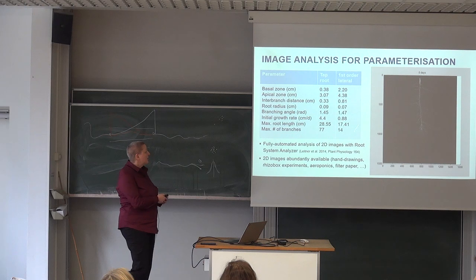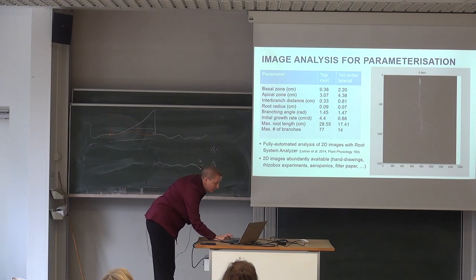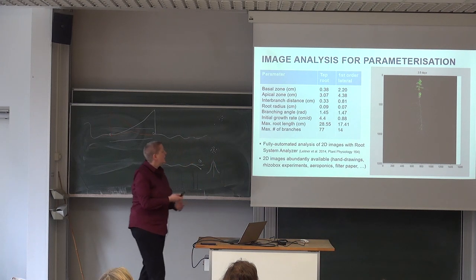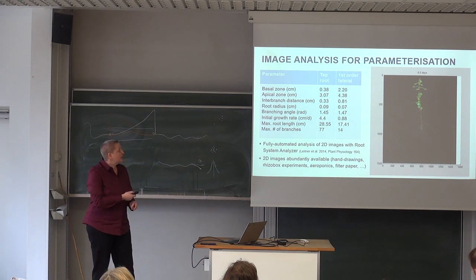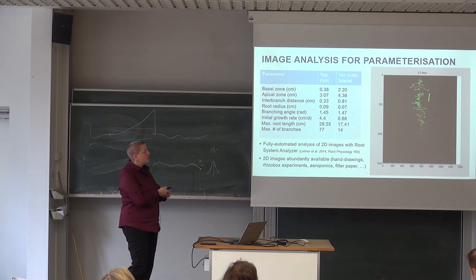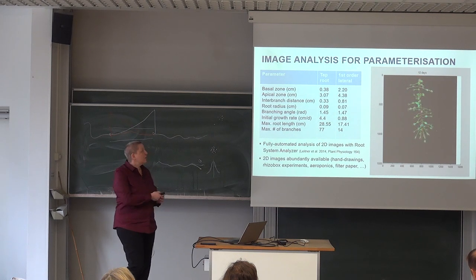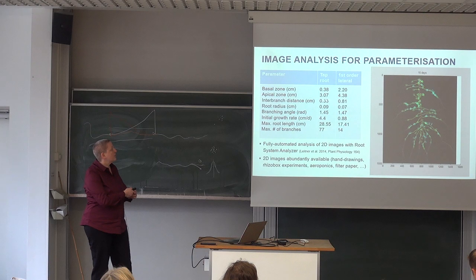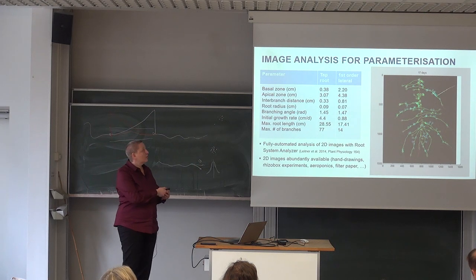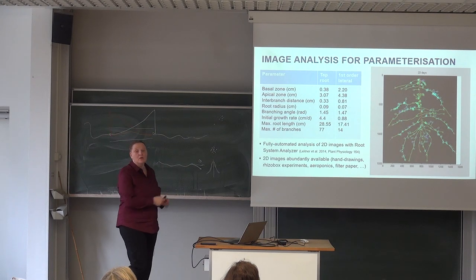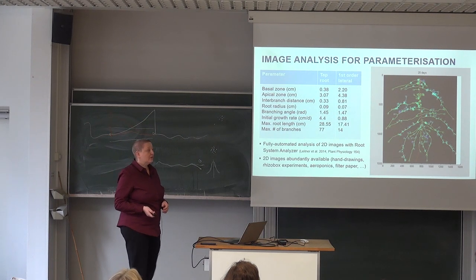We have software which automatically finds the roots in an image and then gives us the coordinates of each of these root segments as a result, from which we can compute the root architectural parameters.